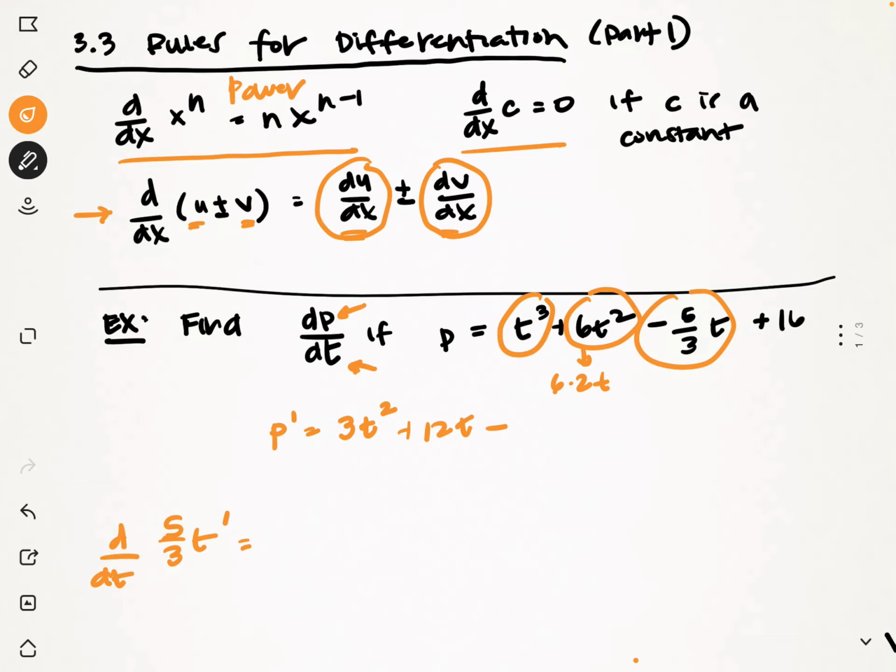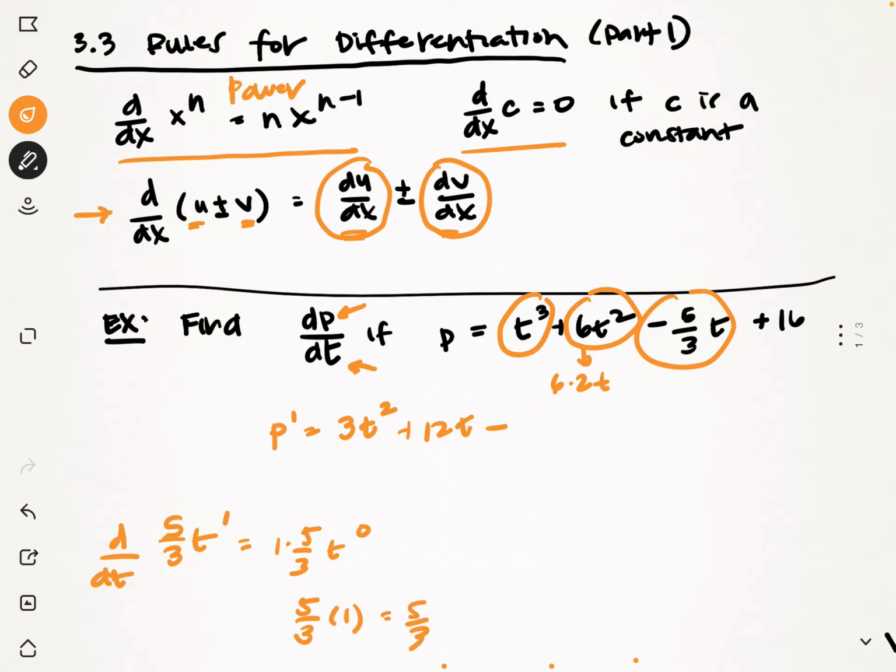What happens is we drop down the 1, and then 1 minus 1 is 0. The 1's not going to affect it, so it's just still 5/3. And then t to the 0, anything to the 0 power is 1. So this whole thing is 5/3.